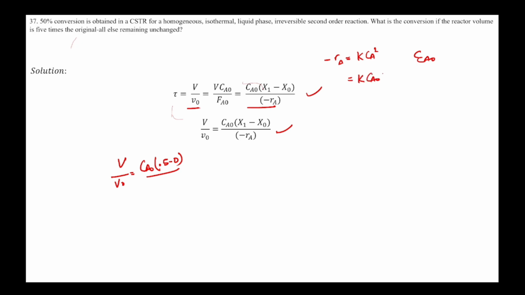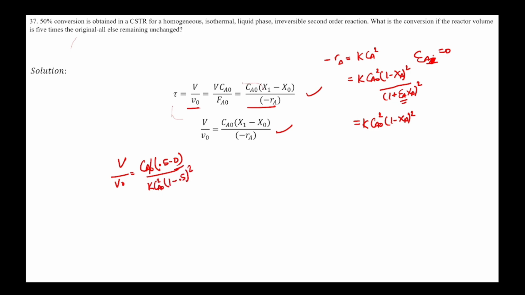Ca naught 1 minus Xa square upon 1 plus epsilon A Xa, and this is equal to 0. So this becomes K Ca naught square 1 minus Xa square. So we'll put the value: K Ca naught square 1 minus Xa is 0.5 square.